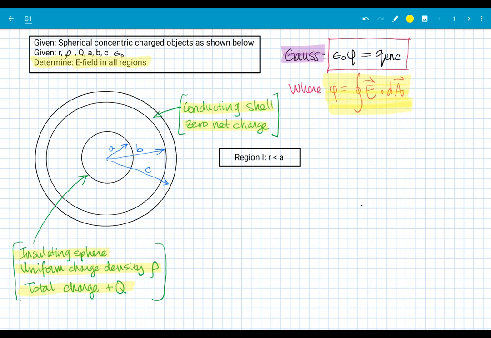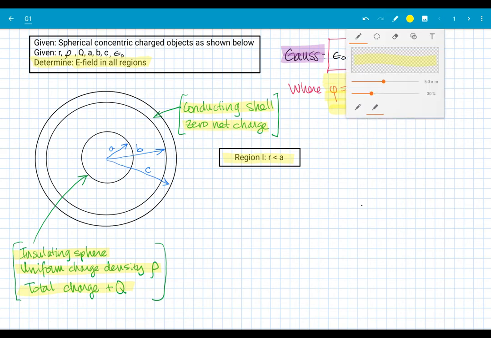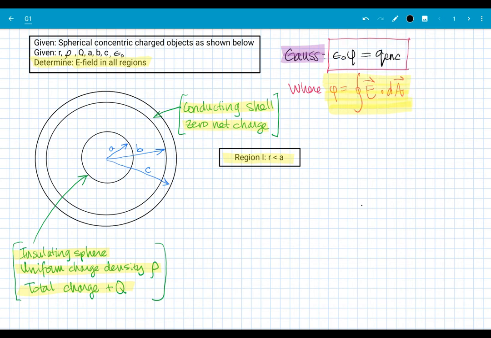So we're going to start with region 1, and I'll just go out radially. So I'm going to start with the region inside the styrofoam ball. When we use Gauss's law, it involves placing a Gaussian surface. And hopefully it makes some sense to you that the surface you need to use is a closed surface.